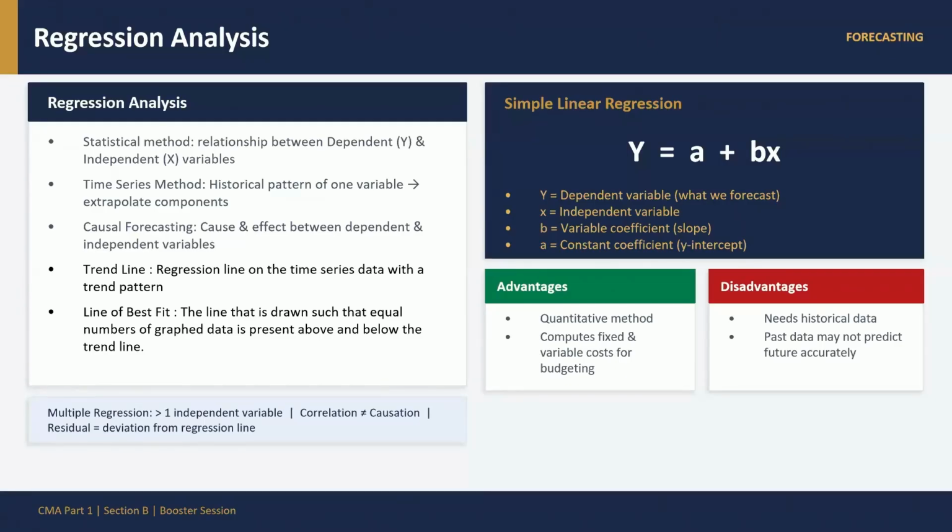In 2021, your profit is 20,000. 2022, 30,000. 2023, 40,000. 2025, it was 50,000. And in 2026, it is 60,000. Now, there is a pattern. Easily you will be able to analyze. In 2027, it will be 70,000. Like this, with respect to time, if your values are changing, you can use time series method.